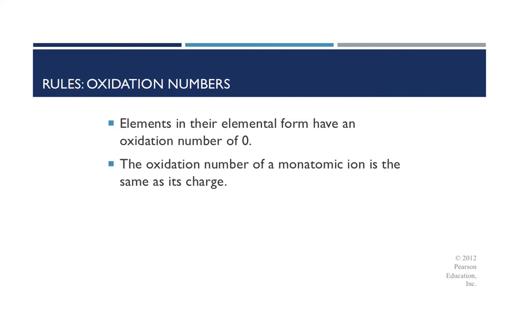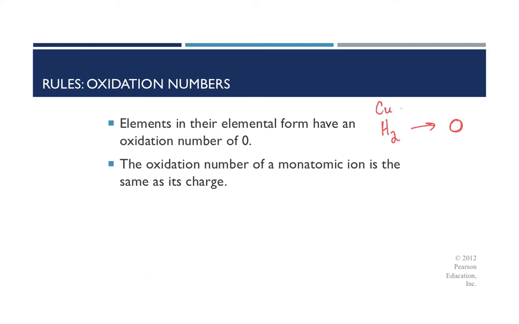All right. So, bunch of rules for assigning oxidation numbers. So, elements in their elemental form have an oxidation number of 0. Okay, it doesn't matter which state of matter it is. For example, hydrogen as an element has an oxidation number of 0.